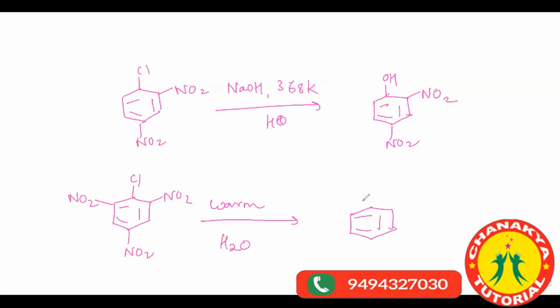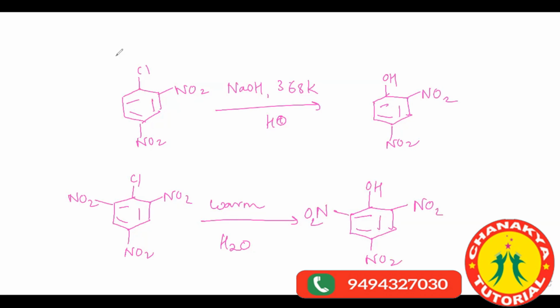So what do you come to know? If an electron withdrawing group is introduced on the benzene ring, it will undergo nucleophilic substitution reaction very easily as compared to without an electron withdrawing group. You need to keep that in your mind. Maybe they may ask about rate of reaction, which will undergo nucleophilic substitution faster. This kind of example would be asked in your JEE.